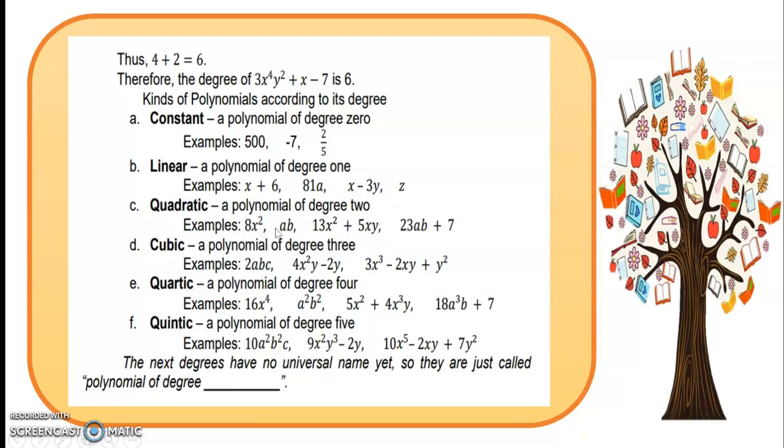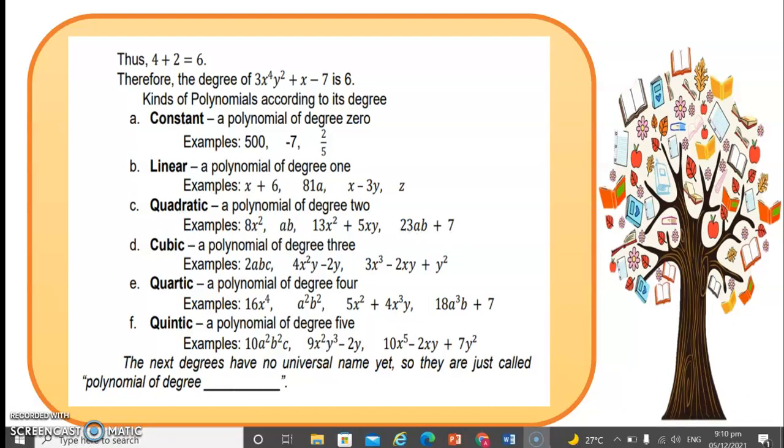So, that is their degree. Except products are considered as one term, since it is multiplication. Next, 13x squared. Then, we have 5xy. So, x and y, 1 plus 1, 2. 23ab. So, 1 plus 1, 2. Plus 7. So, this has degree 0. But the biggest is 2, which is quadratic.